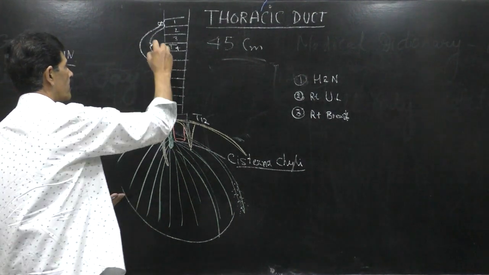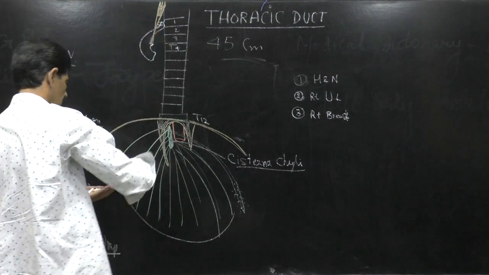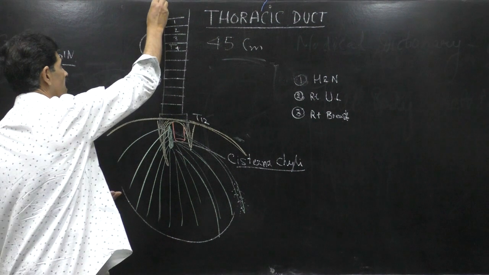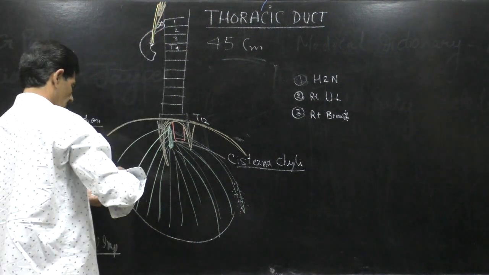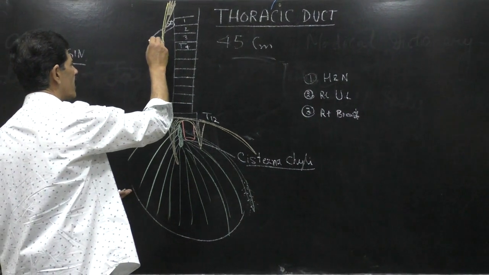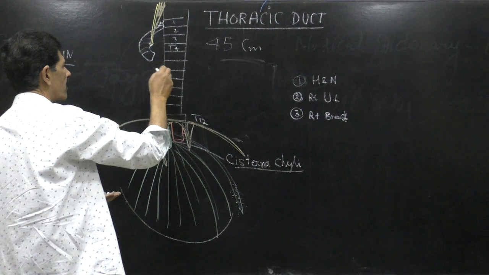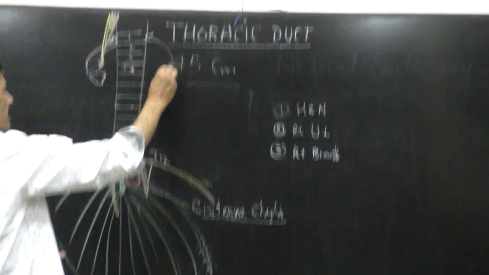And to this scalene tubercle, we know there is the attachment of the scalenus anterior muscle. And this scalenus anterior muscle is very much related to the phrenic nerve. And there are two grooves on the superior surface of the first rib, that is the anterior and posterior groove, one for the vein and the other for the artery. So this is on the right side.